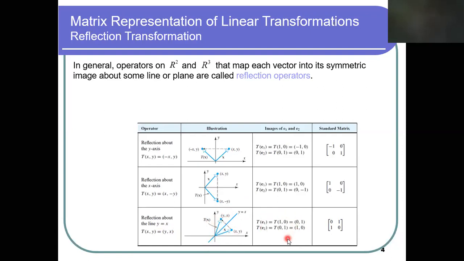If you put the standard basis of R2 into this transformation, you will get these two outputs, and you can write them in a 2 by 2 matrix. So the matrix representation corresponding to reflection about the line y equals x is given over here.